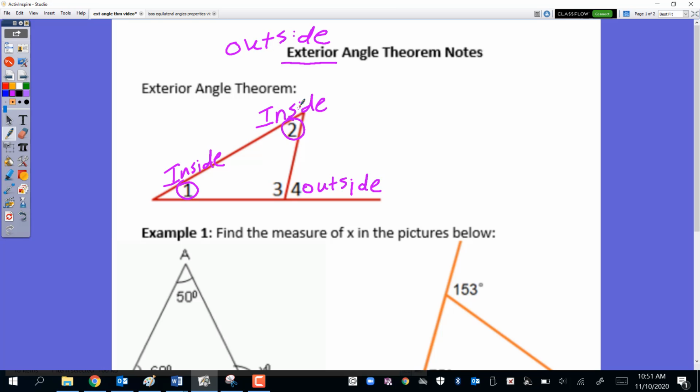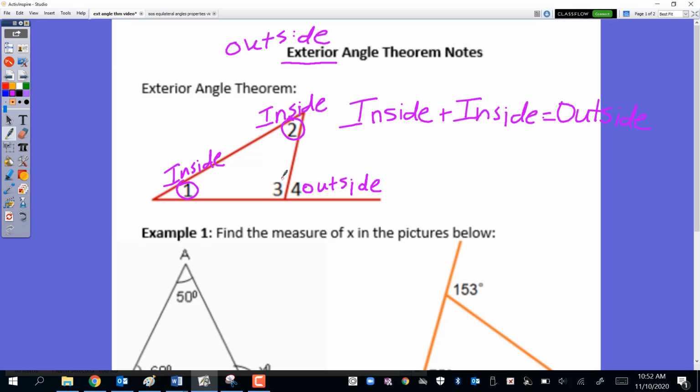Okay, so basically what we're going to say is that when you add those two inside angles together, so inside plus the other inside, is going to add up to equal the angle on the outside.